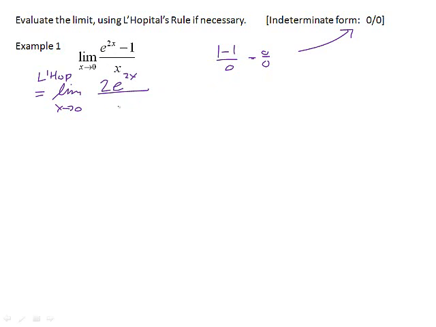What's the derivative of x? 1. Now I'm going to use direct substitution again, so I'm going to put in the 0. What's 2 times 0? 0. E to the 0 is 1, times 2 is 2. So the limit's 2.